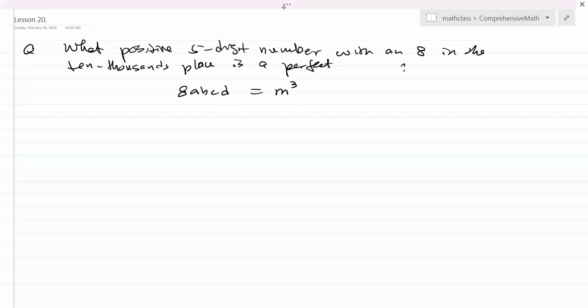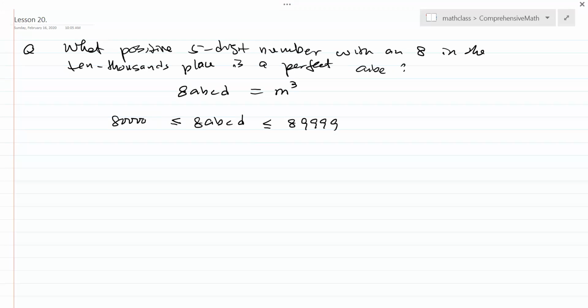A perfect cube is much more difficult to figure. So what you should do is some estimation. The largest possible value for this type of number is 89999. The smallest possible value will be 80,000. So you have the range.